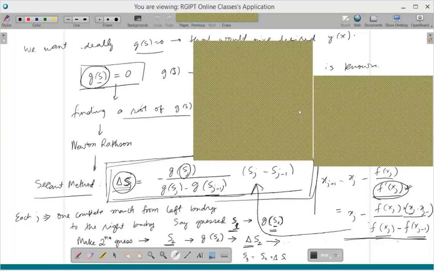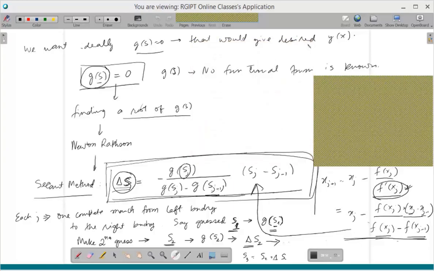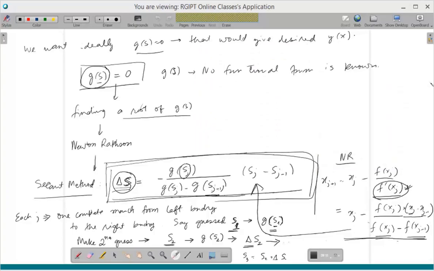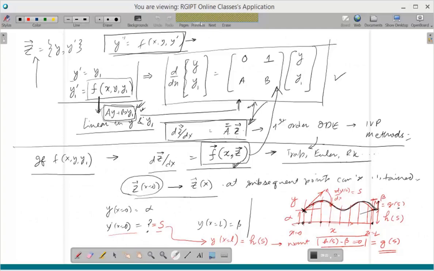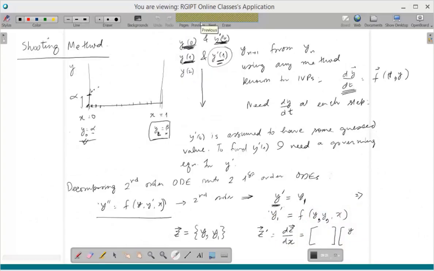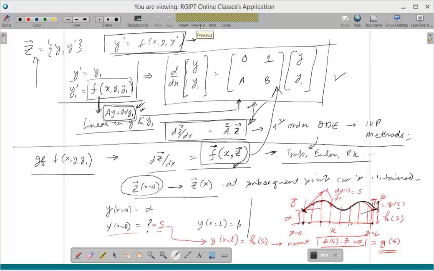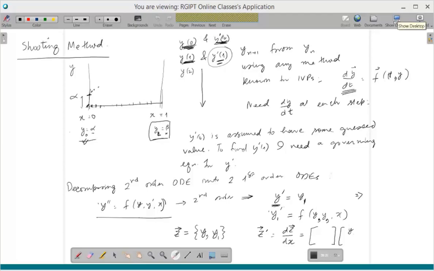Is this appearing complex for you? Well, partly it's my fault. Probably I'm making it sound complex. Let me go back and ask you, first of all, do you understand the basic idea behind implementing the shooting method?